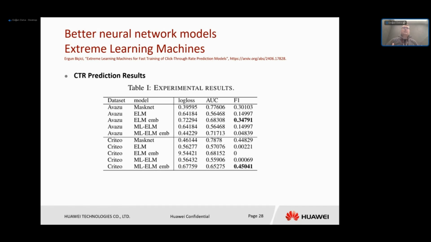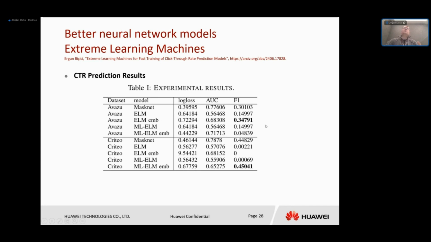But the benefit of ELM is that it is very fast. On some tasks, such as digit recognition, it can be 5,000 times faster than neural networks. And in CTR prediction, it's 3 times faster on our datasets than other CTR prediction models, but it's not performing as well.